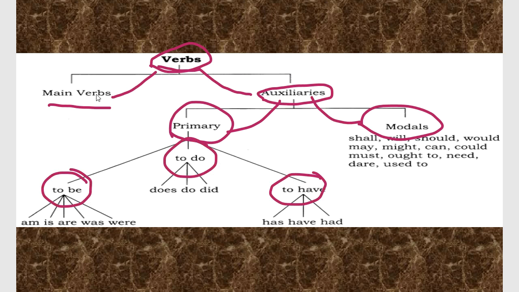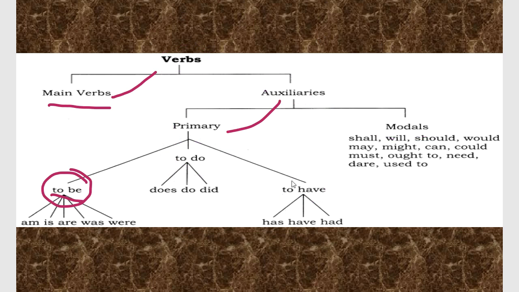Verbs are of two types, main verbs and auxiliary verbs. Auxiliary verbs are of two types, primary auxiliary and modal auxiliary verbs. Primary auxiliary verbs are again three kinds: to be, to do, and to have. I hope it's clear till here, all of you.